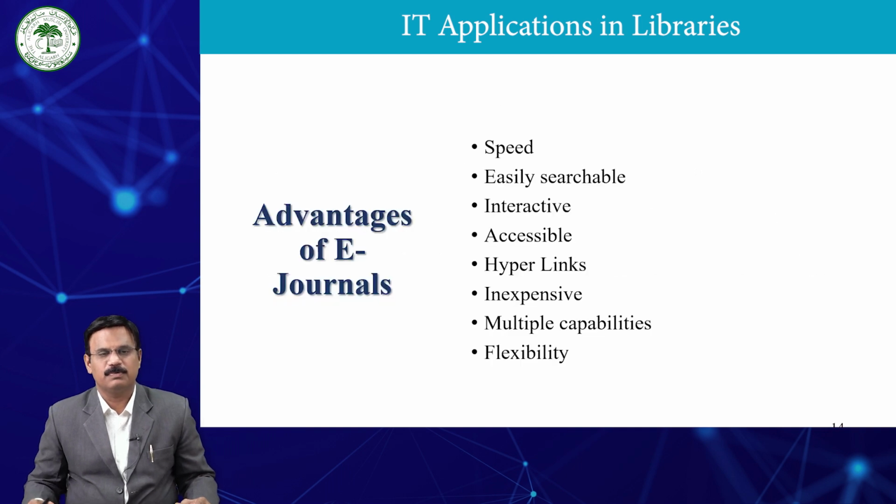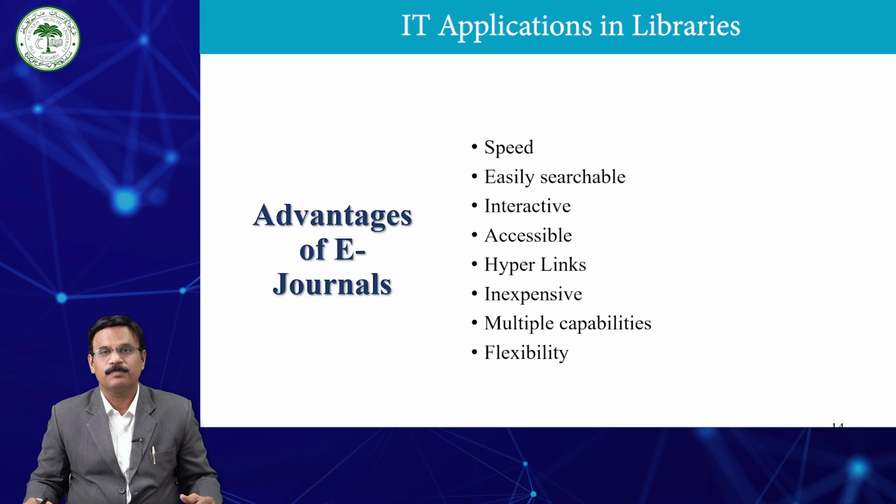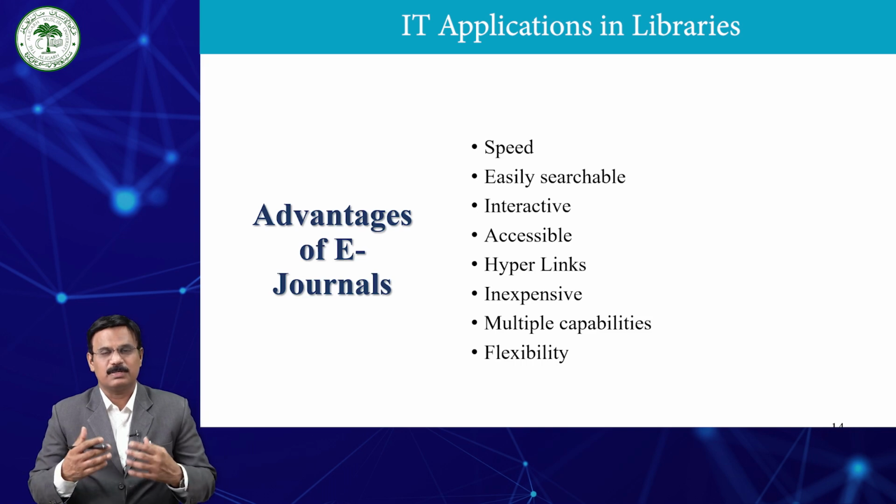And the advantages of e-journals, as you know, are very speedy and quick service, easily searchable, very interactive, accessible, and they have hyperlinks. If you use the hyperlinks, you can reach from one article to another immediately. And if you need clarification about any points, if they have hyperlinks, you will get the full text material within seconds.